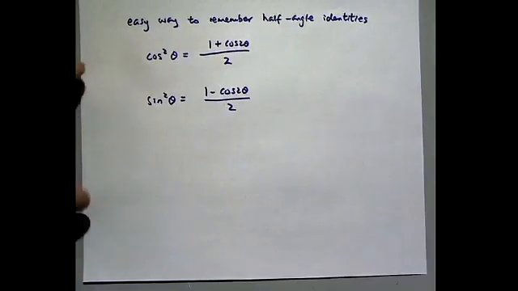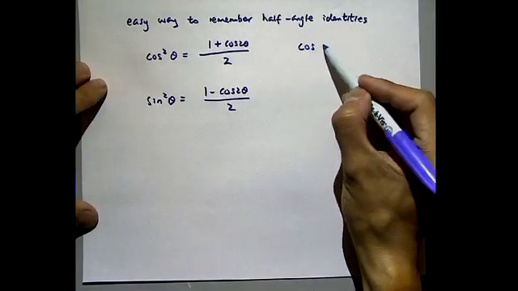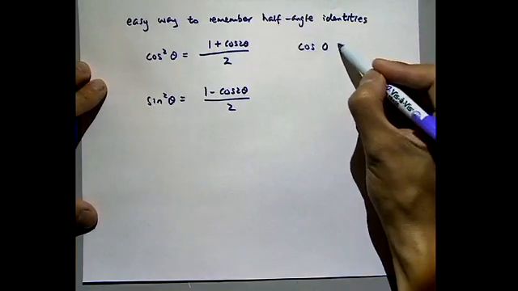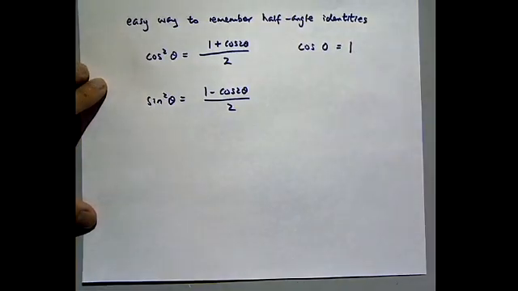What you need to remember is that cosine of 0 is equal to 1, right?